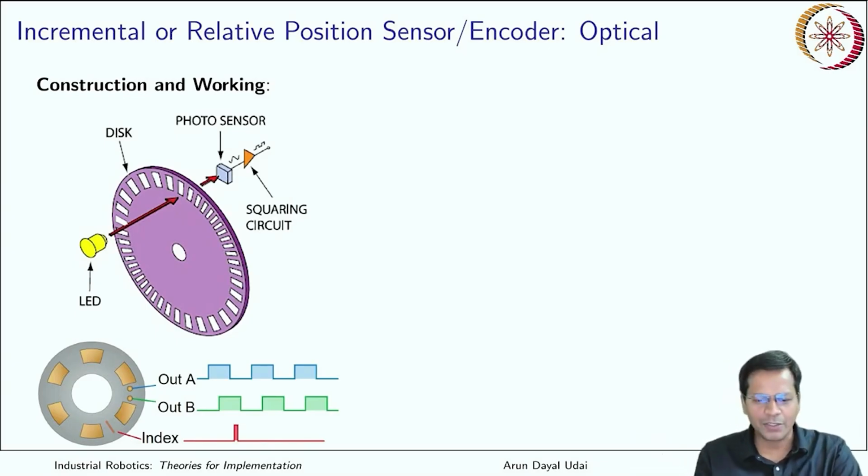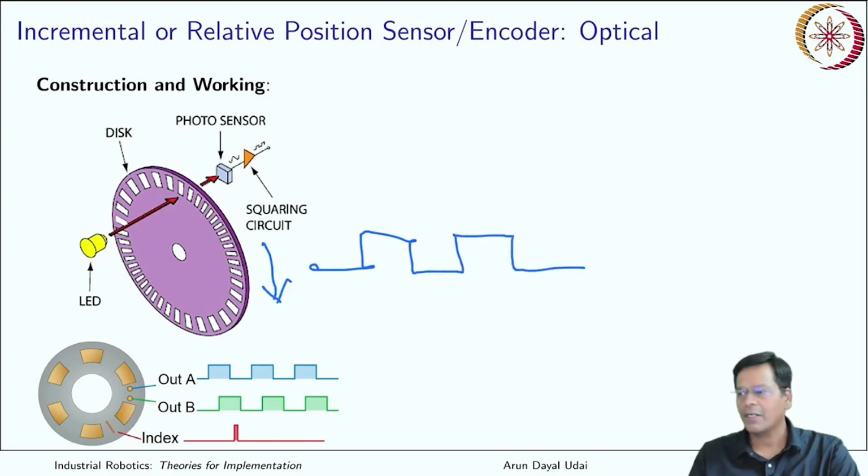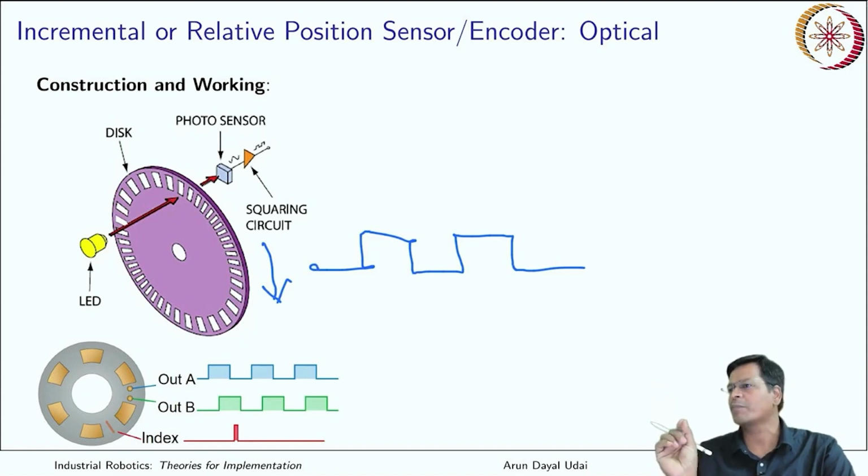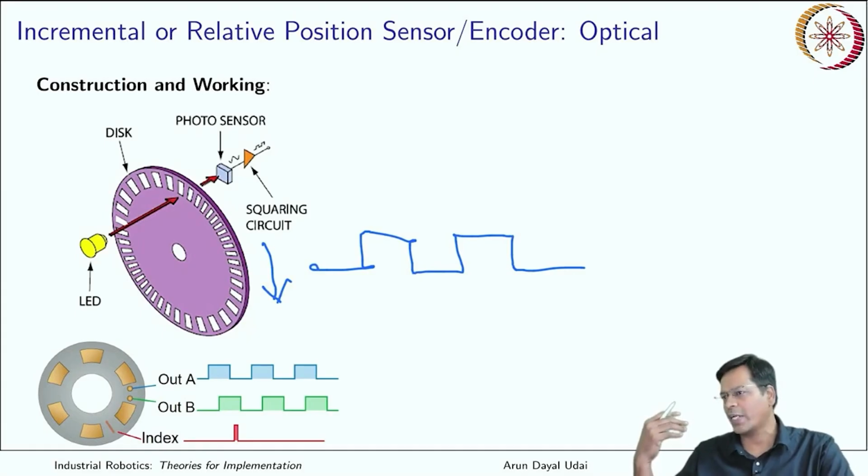At least now you see, if this wheel keeps on rotating, what you get is a square wave. Now, is it sufficient to measure the angle? Yes, it is sufficient. If you know the width of the slot and the total number of slots, and you count the number of slots, you can understand that the wheel has rotated by this much angle.